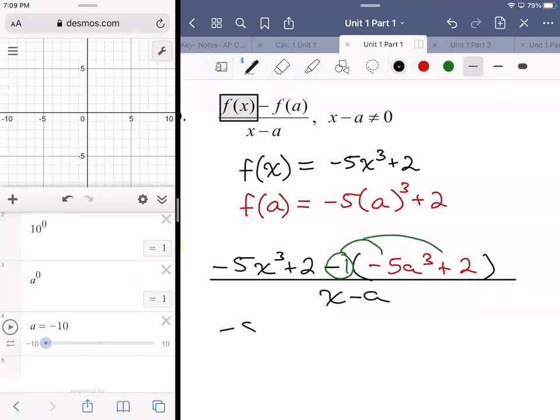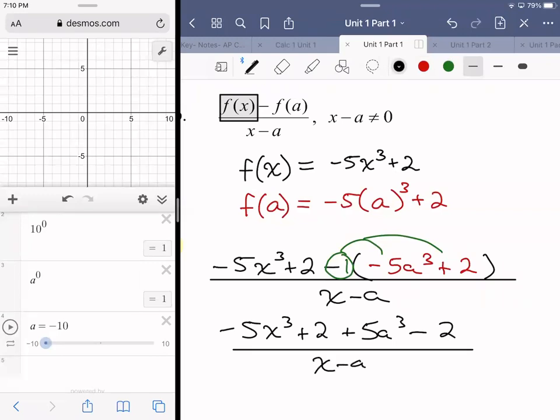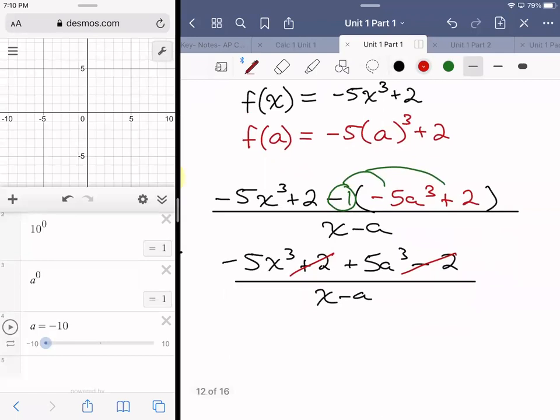So I'm looking at -5x cubed plus 2 plus 5a cubed minus 2. The 2 and the -2 should cancel away, and they do. So now I have a -5x cubed plus 5a cubed over x minus a.